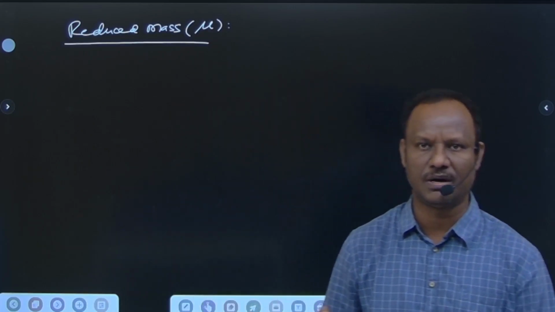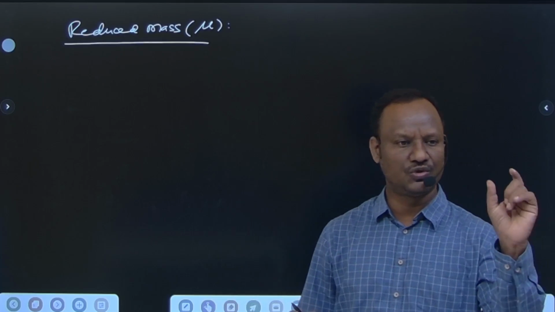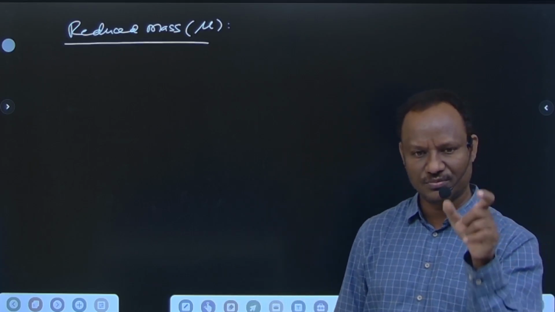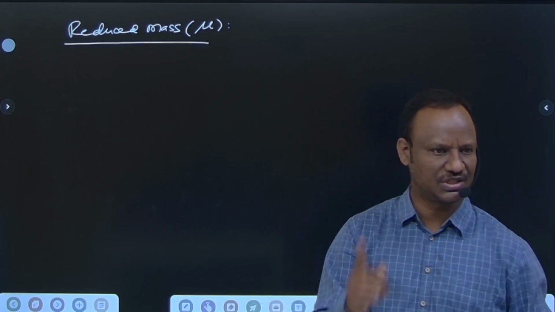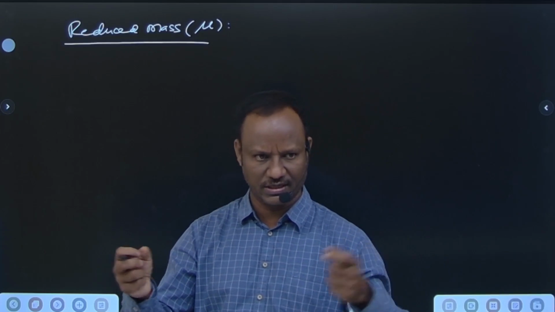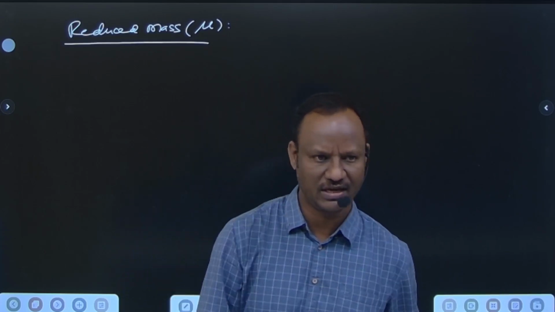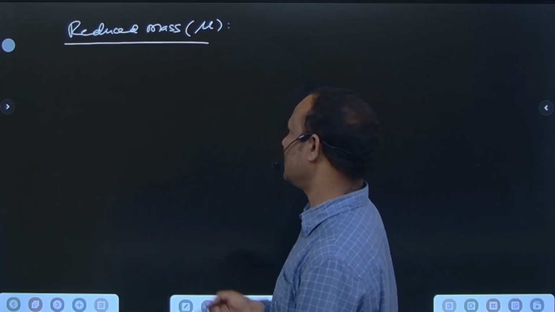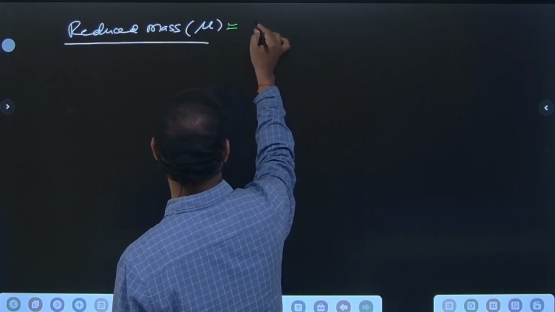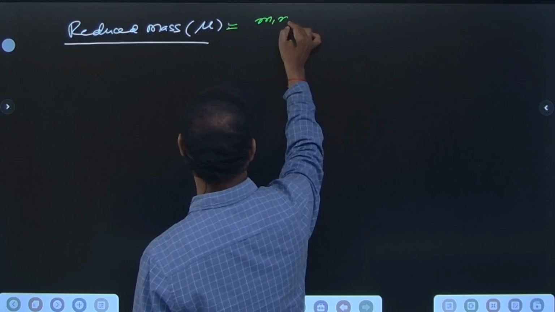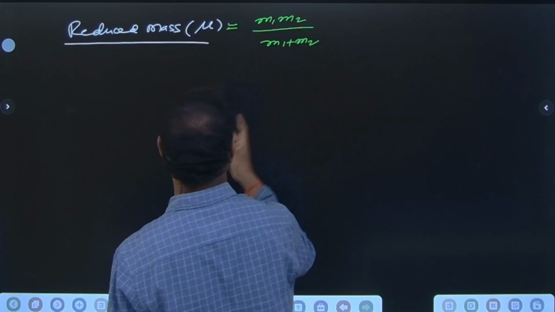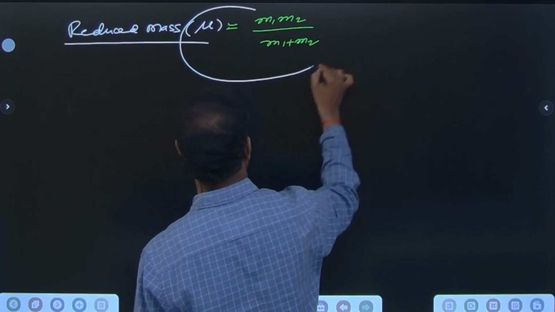But what is reduced mass? Whenever two masses are connected, we use reduced mass, as in the moment of inertia. When a rod is taken, with two blocks M1 and M2 connected, rotating with respect to a vertical axis, here also we use reduced mass: mu is equal to M1 M2 by M1 plus M2.